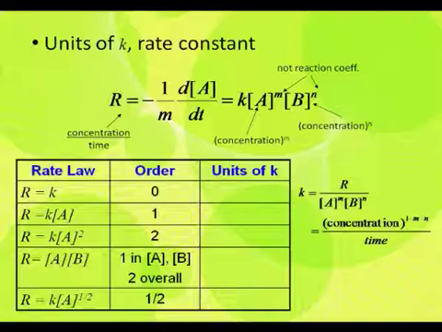So the m and n are called reaction orders, and again, they are not reaction coefficients. The unit, as given on the presentation, is equal to concentration powered by 1 minus m minus n, divided by time. So the unit of the rate constant depends on the order of the reaction.